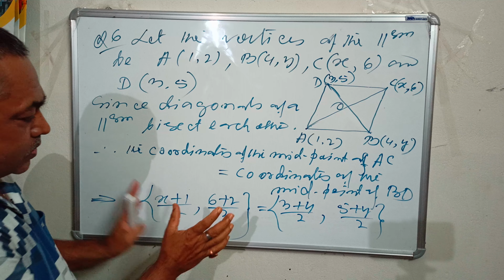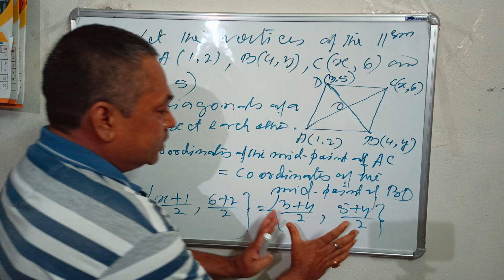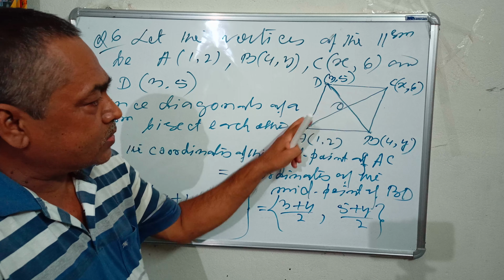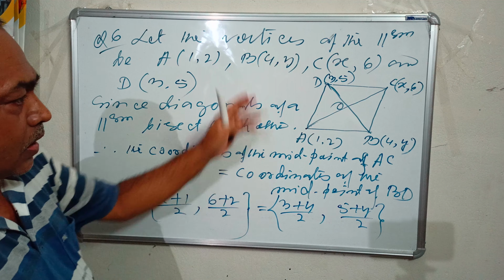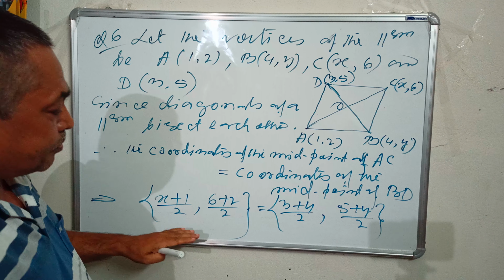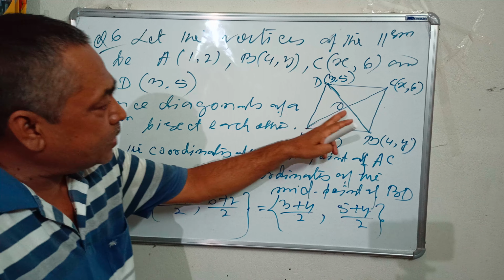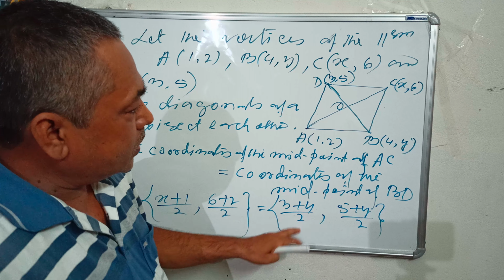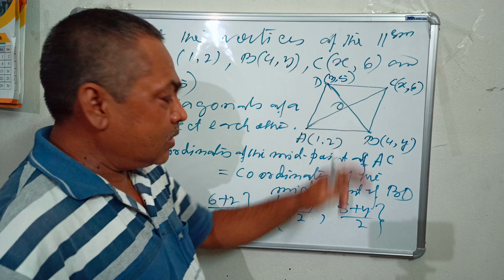Because this point is the same point, where the diagonals bisect each other. These are the coordinates of that point with respect to diagonal AC, and these are the coordinates with respect to diagonal BD.